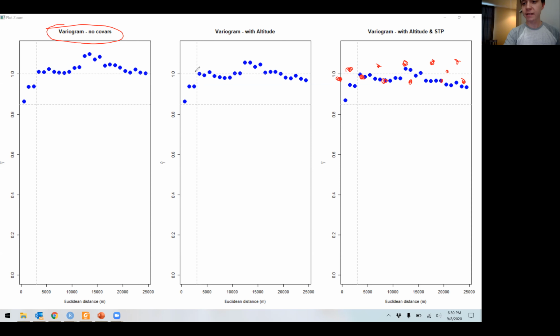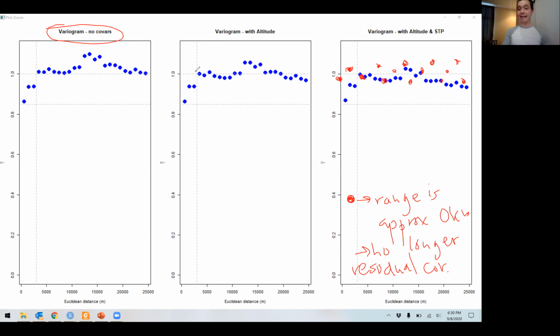Now, clearly this is a little too pretty, but now the range is approximately 0. And there is no longer residual correlation in the data.